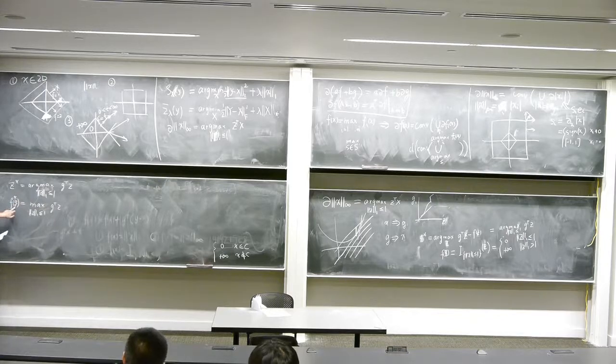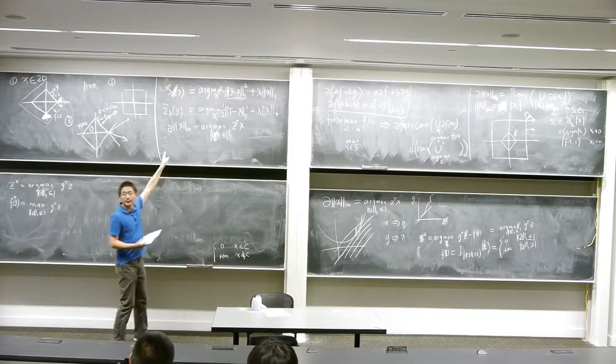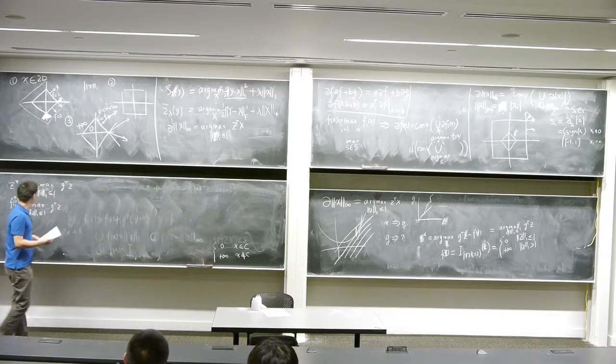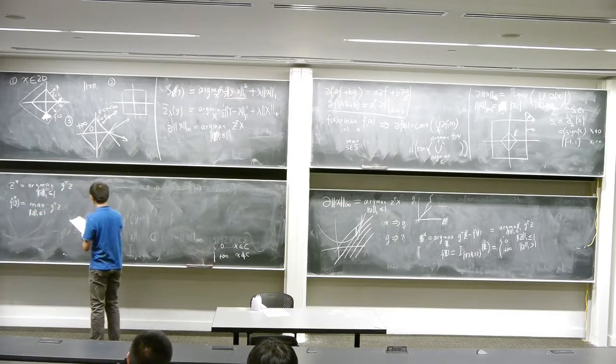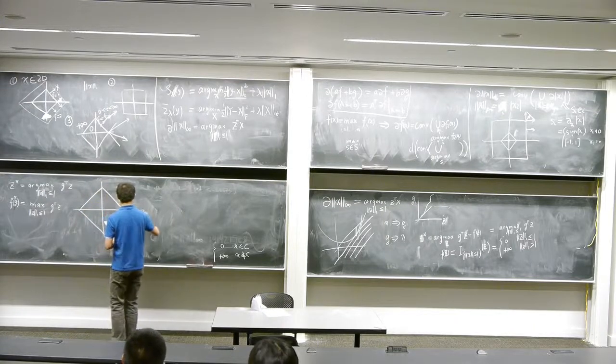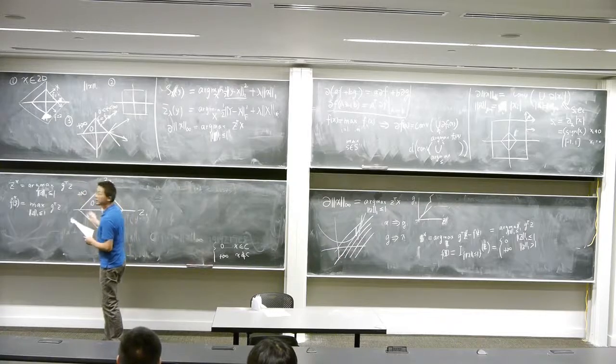So now I want to relate this g to what we are talking about here, the x. Well, let me just draw the picture here first. This is z1, z2, 0, plus infinity.